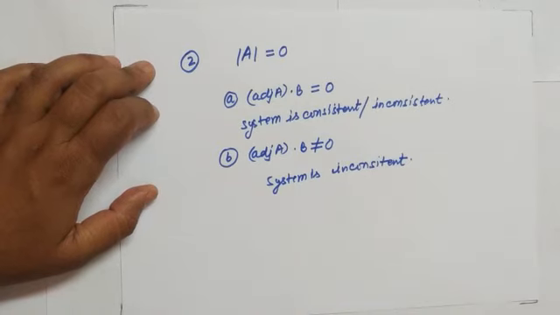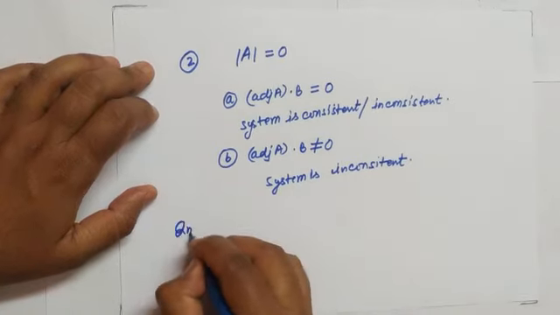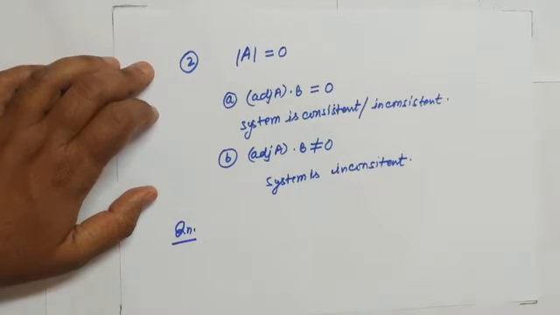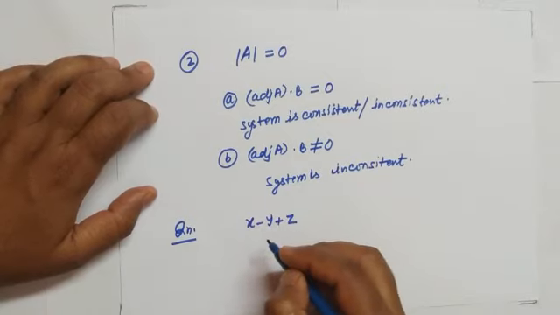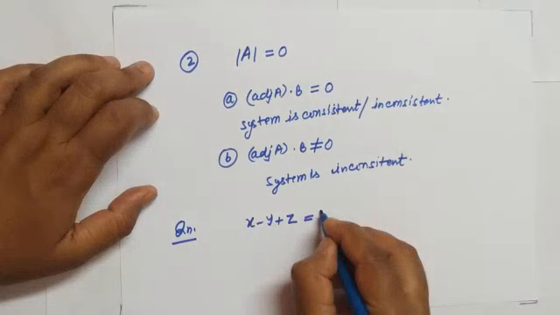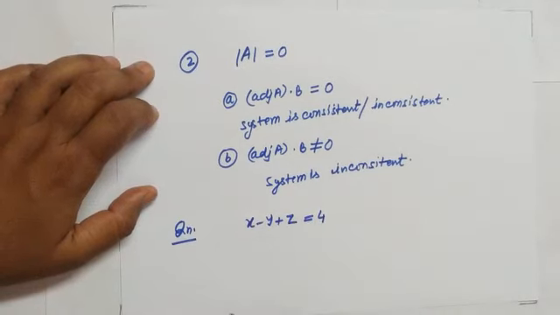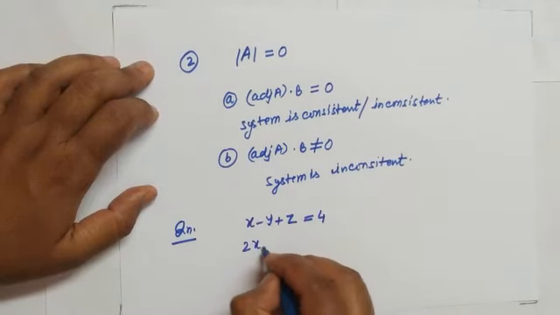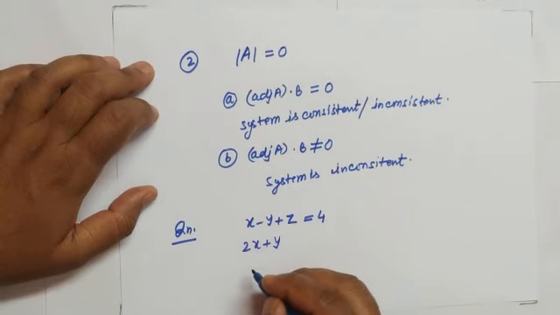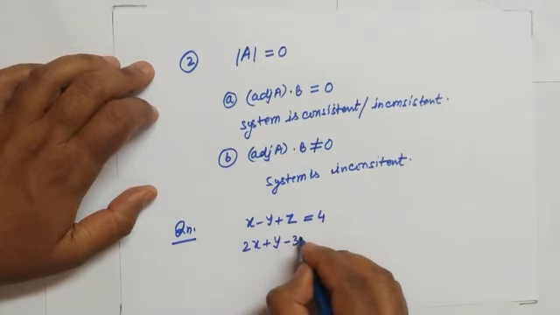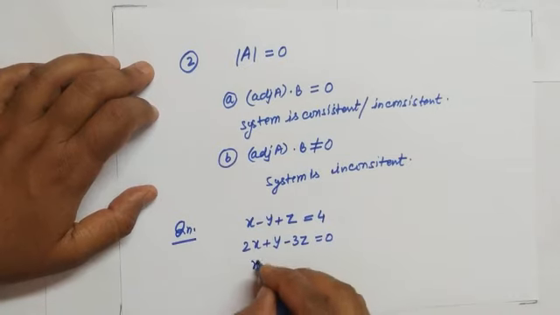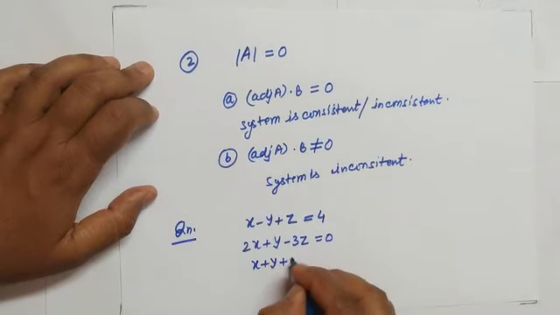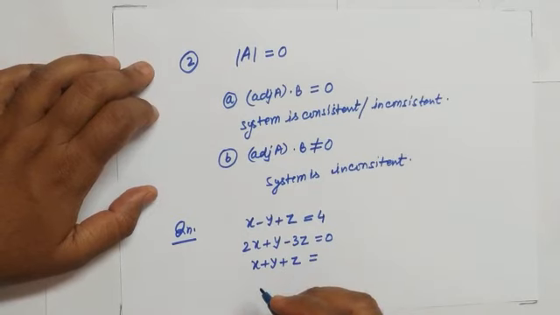See, one question we are taking here. Let us take one question. x minus y plus z is equal to 4. 2x plus y minus 3z is equal to 0, and x plus y plus z is equal to 2.